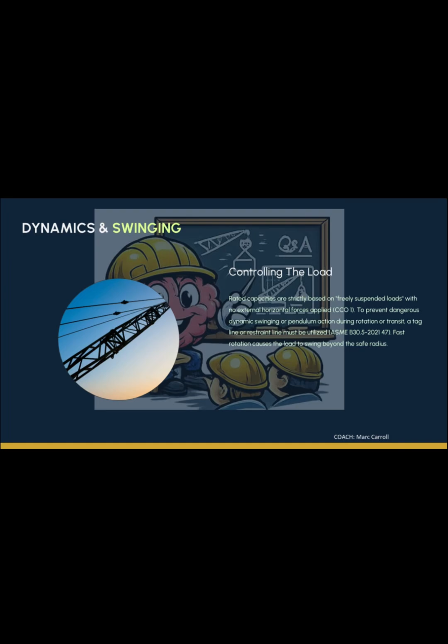Don't forget, the auxiliary line, the whip line, may also be deducted if it's installed at the jib tip or boom tip on the auxiliary boom head. All of that must be deducted.